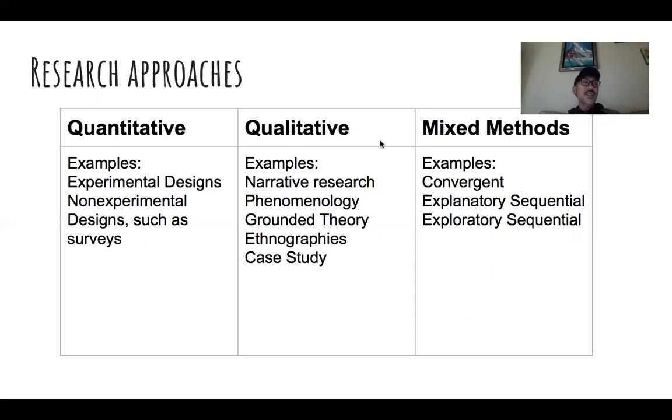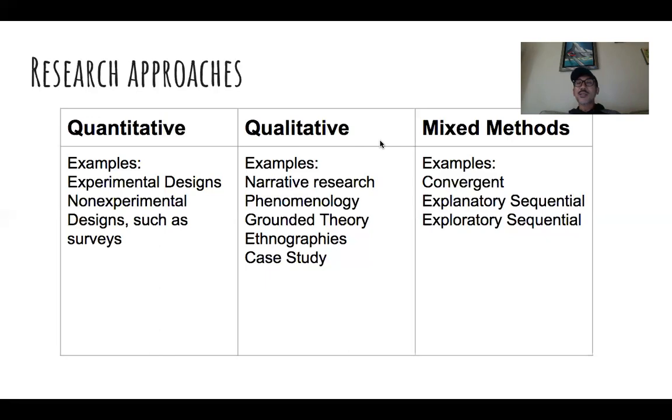However, unlike quantitative research, narrative research focuses on words, text, and other images that are gathered for the analysis of themes and patterns. So very much different from quantitative research approaches.